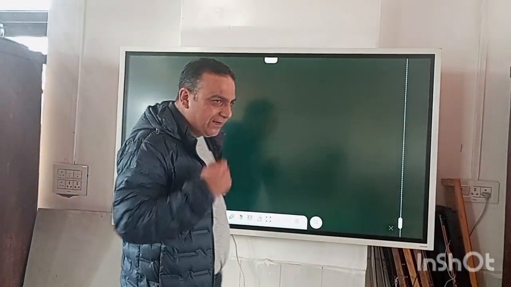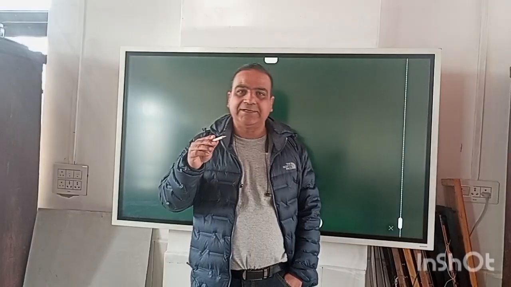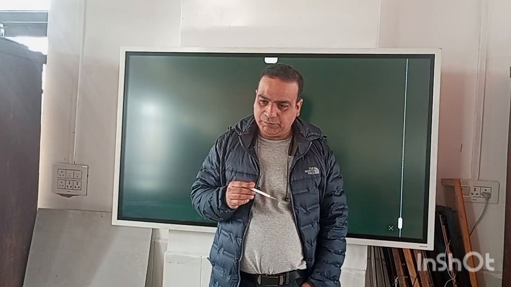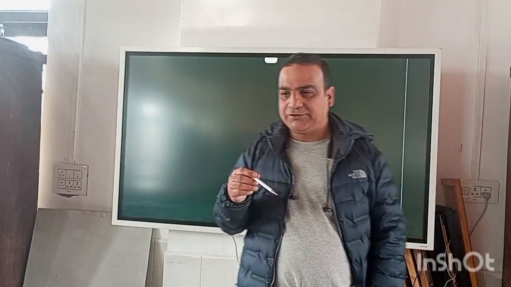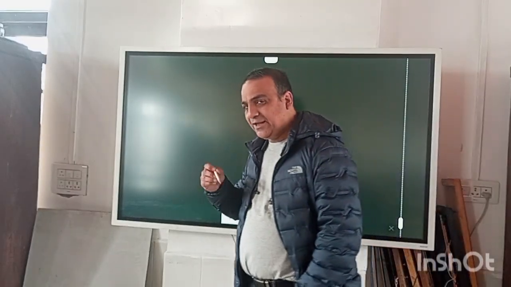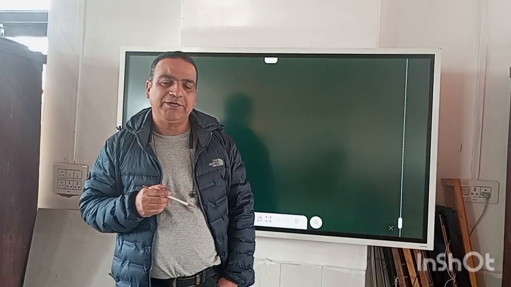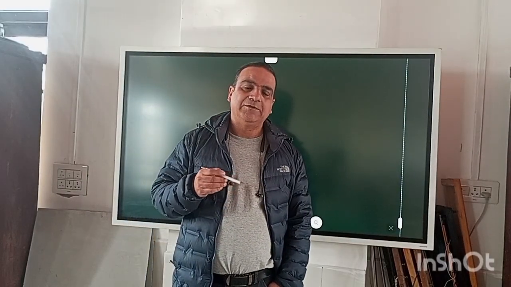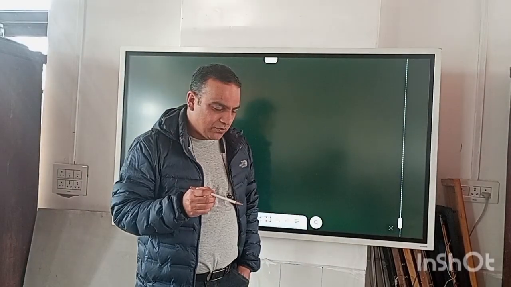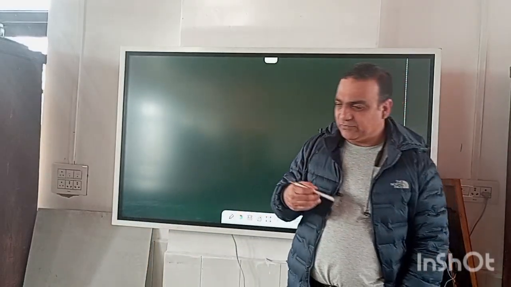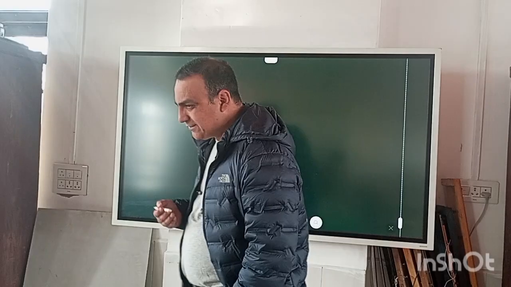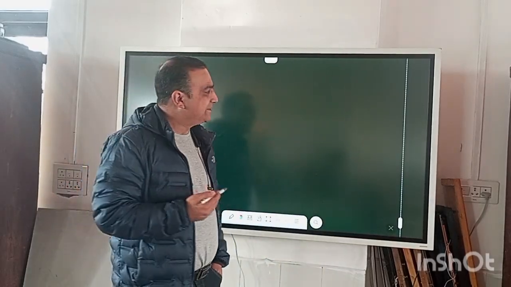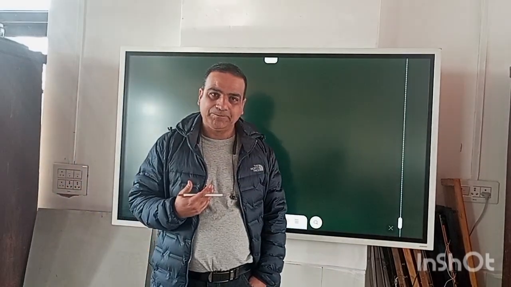Now, a revolving electron is equivalent to a current loop, and we understand that whenever there is the flow of current, a magnetic field is associated with it. So the electron is a charged particle and it is revolving, so it must develop a magnetic field.